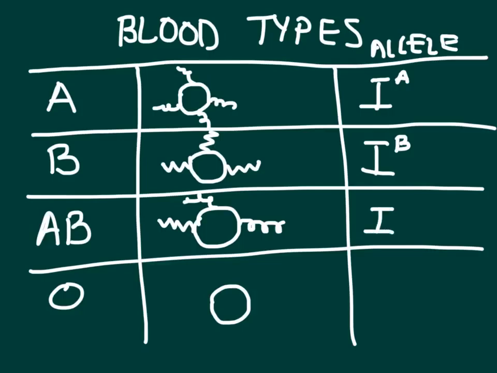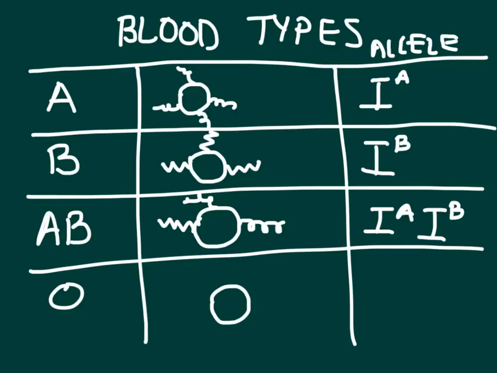You have 1 type A allele, and you have 1 type B allele. So what this demonstrates to us is not only are there multiple alleles for blood types, one is not dominant to another. If you have an A allele and a B allele, you don't express only A or only B. You express both of them. We see both of them.